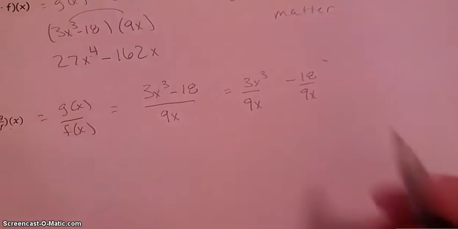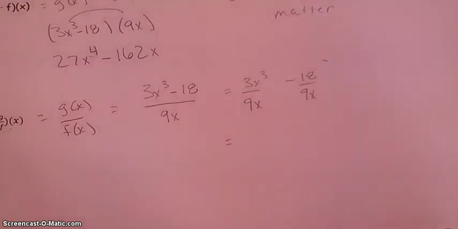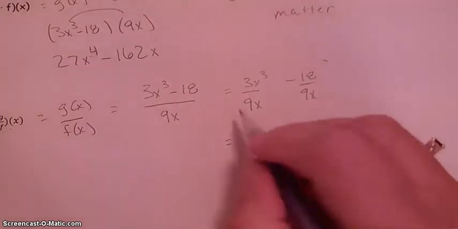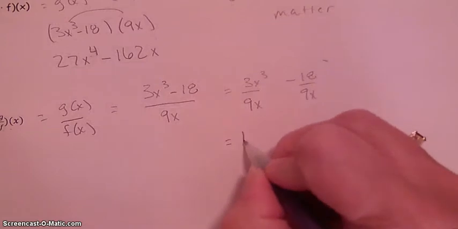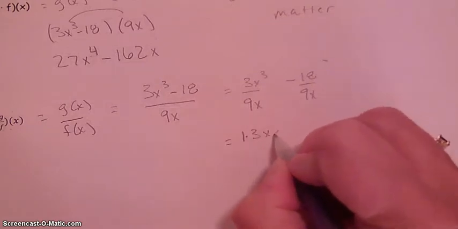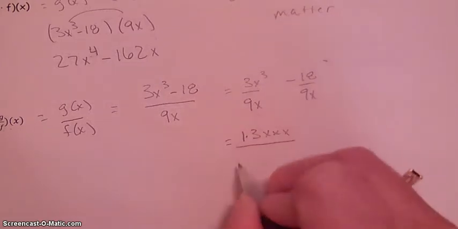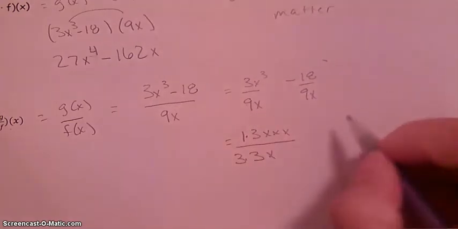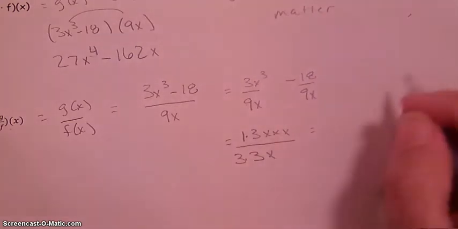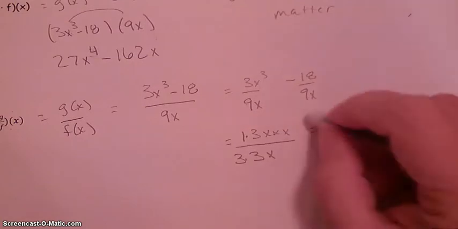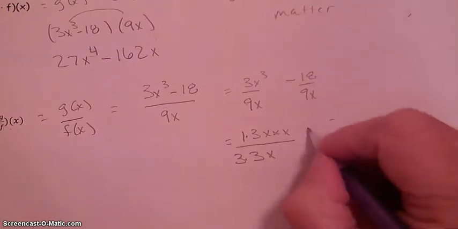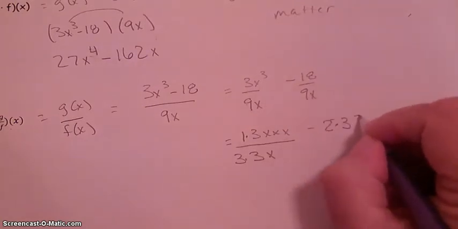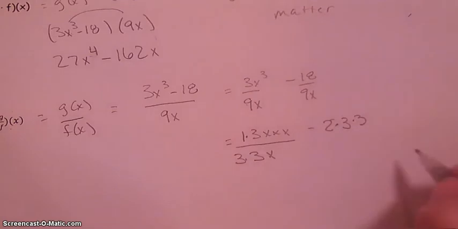So remember, when in doubt, write it out. So 1 times 3, and I have 3 x's. 9 will factor to 3 times 3 with 1x. Okay. 18 factors down to 2 times 9, which would be 2 times 3 times 3, because that's how you factor that out.